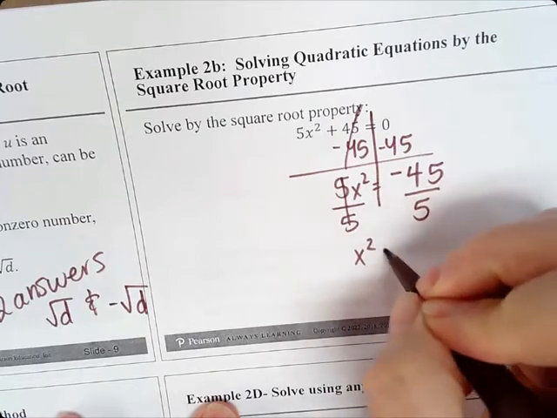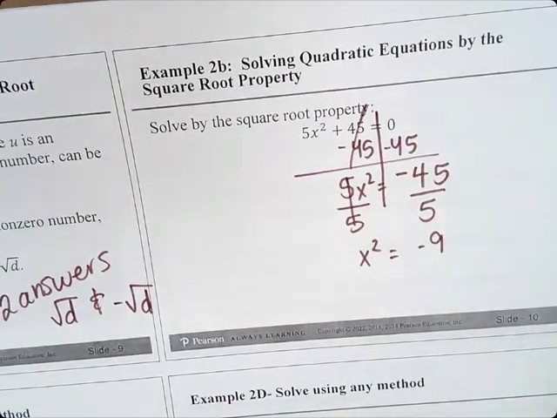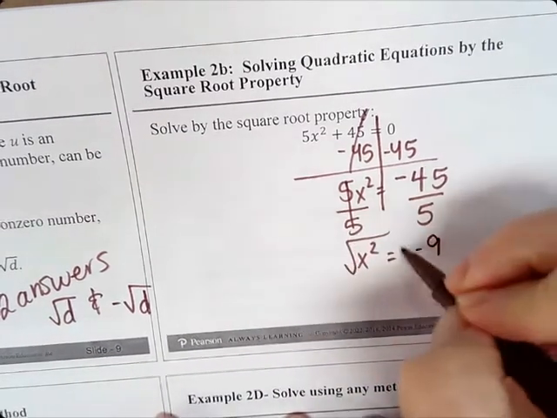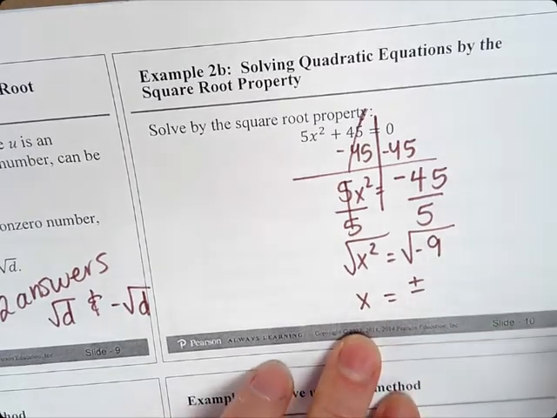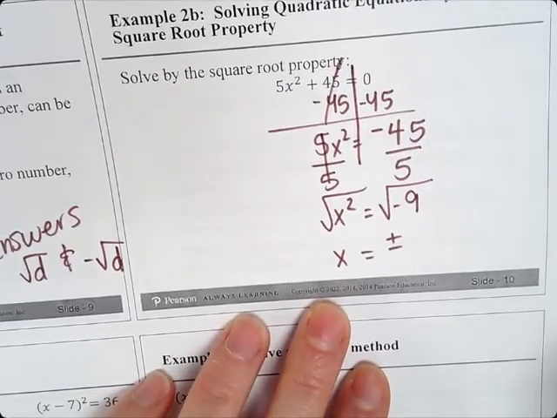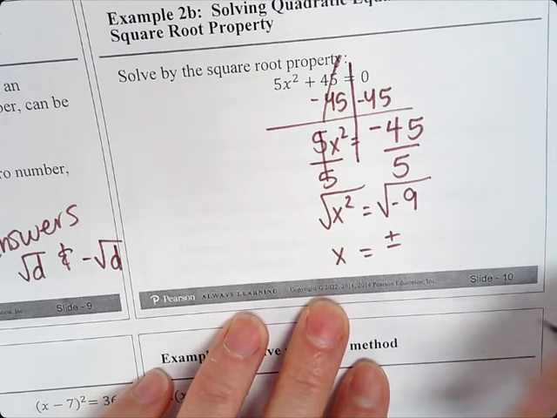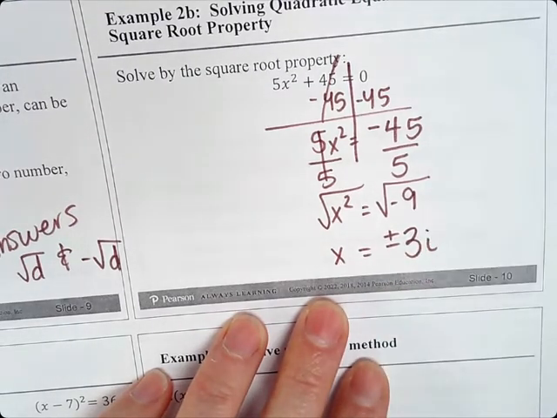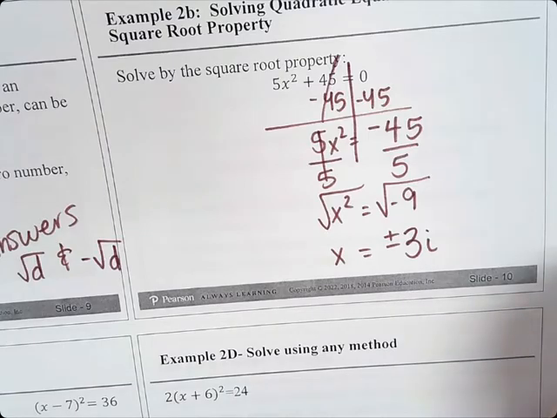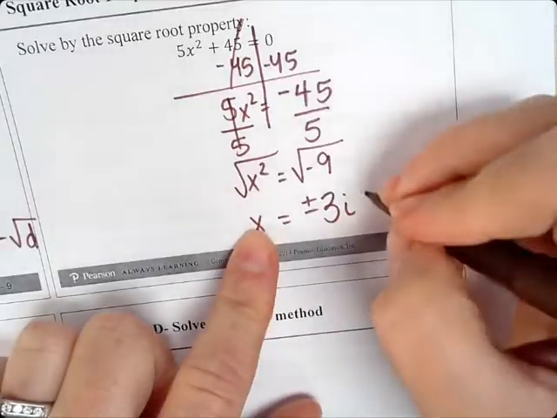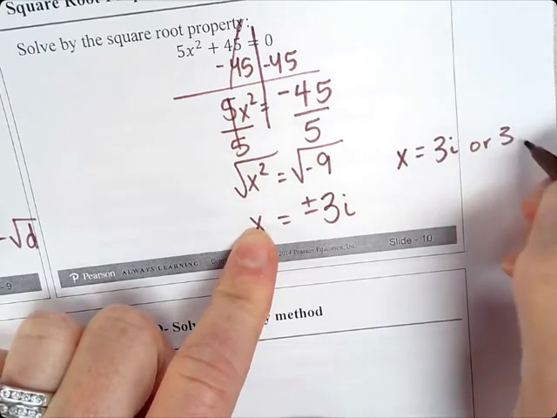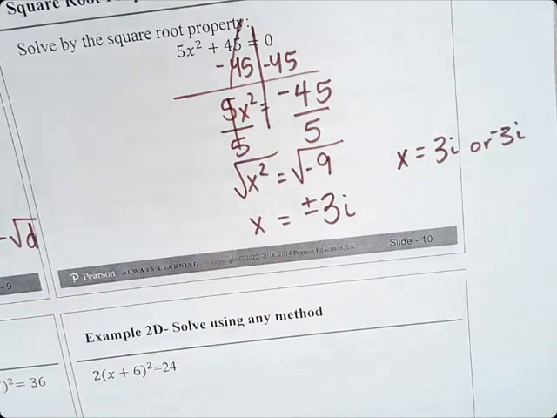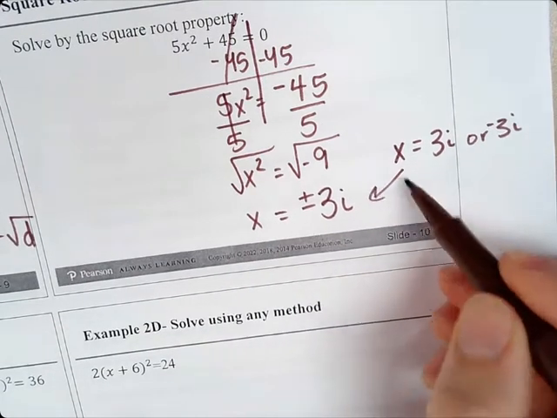So we have x squared equals negative 9, which when we take the square root of that, x equals plus minus the square root of negative 9. Do y'all remember what that is? 3i. Yeah. So we can write it like that, or we could write it as x equals 3i or negative 3i. You can write it either way.